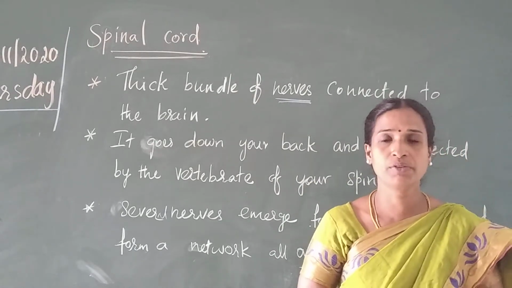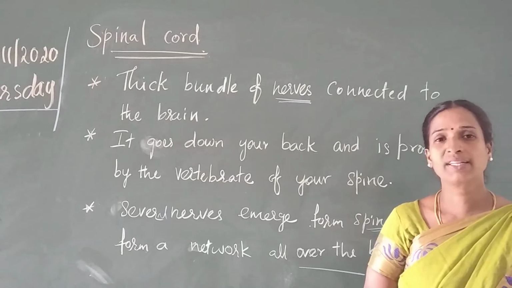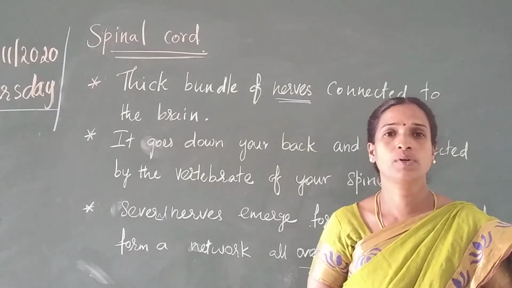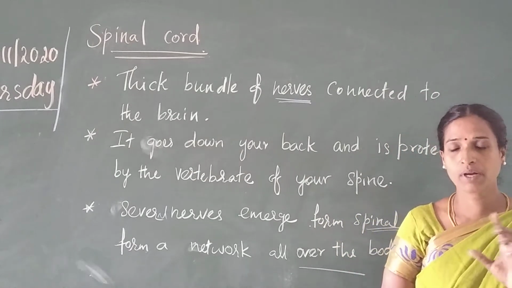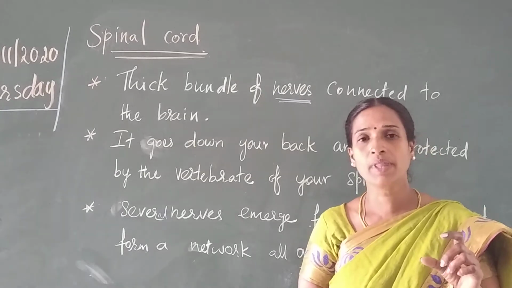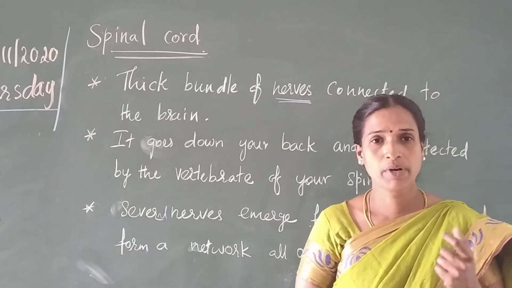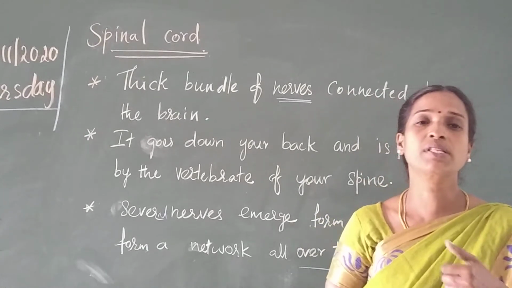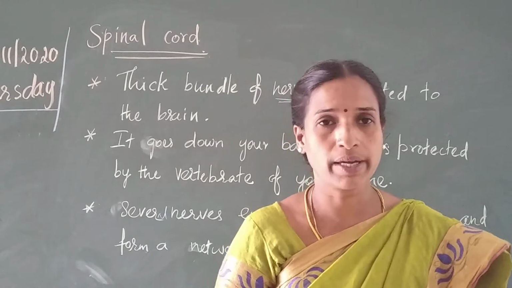Already I told you about the function of the brain. The brain is not a single part. It consists of three major parts. What are the three major parts? Can you remember that? Cerebrum, cerebellum, and medulla. Each part performs a different function in our body. The cerebrum is interconnected with our sense organs, so it controls our sense organs.